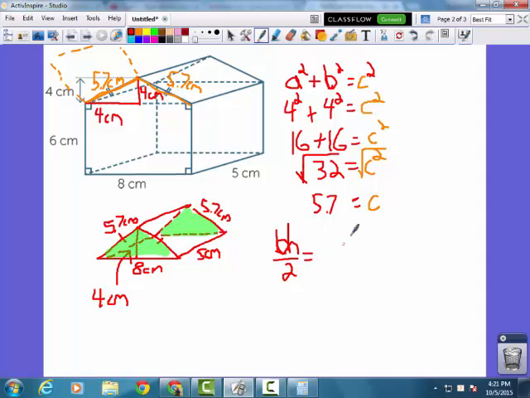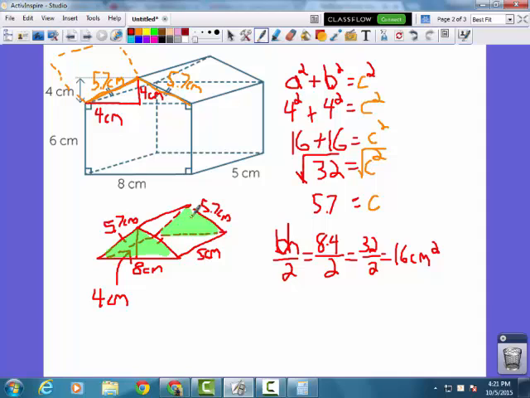So base times height is 8 times 4 divided by 2. 8 times 4 is 32, divided by 2 equals 16. So 16 centimeters squared. That's for one of our triangles.